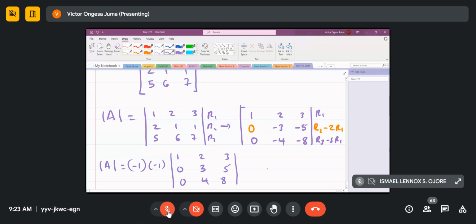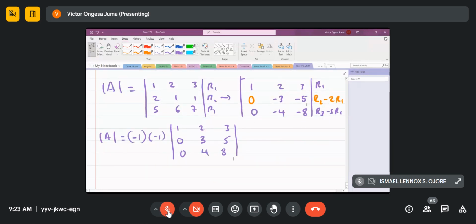I can also factor out the negative here. Since any number I factor out will be multiplied by that determinant, it's still okay.